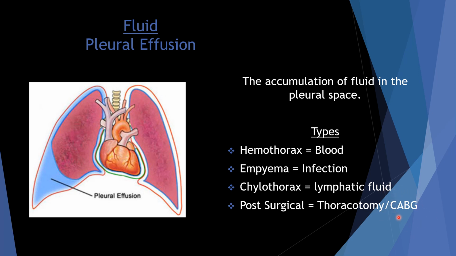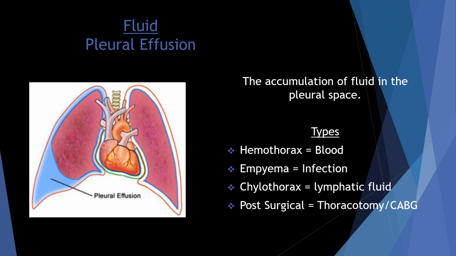I want to talk just briefly about the CABG real quick. When we look at the chest tube placement, we are not only going to see a pleural chest tube, usually in the left pleural space, but you're also going to see chest tubes underneath that sternum into the mediastinal space.